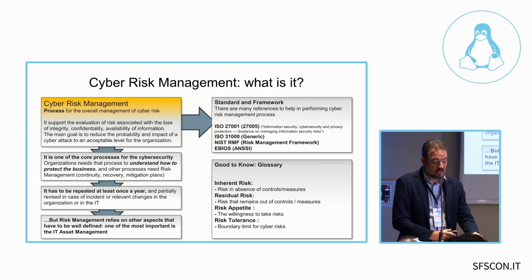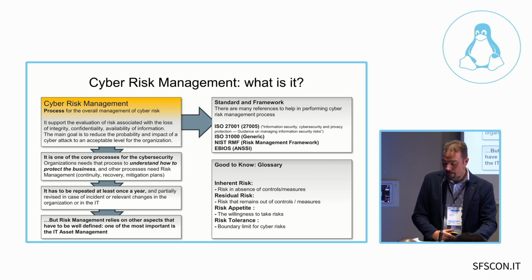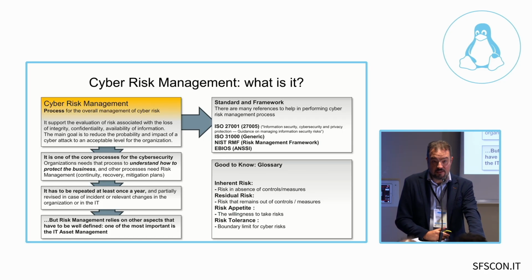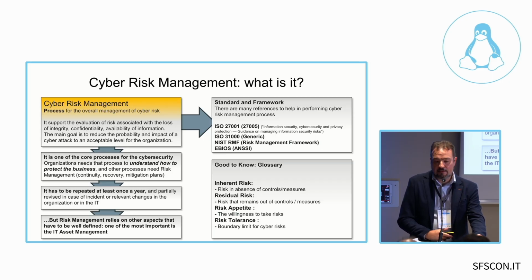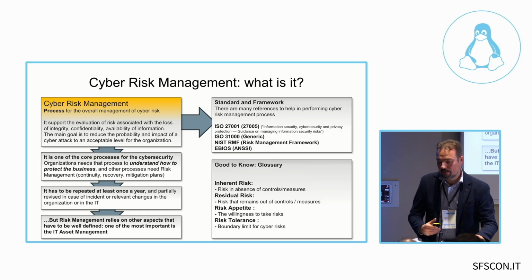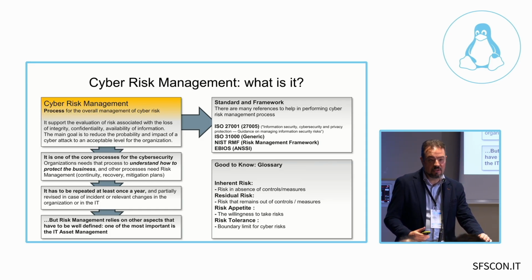What is cyber risk management? It's a process that is related to the evaluation of the risk associated with the loss of one of the three factors we saw before: availability, integrity, and confidentiality. The main objective is to reduce the probability and the impact of factors that could damage our business. So it introduces the fact that cybersecurity is not an IT-related task, it's a business-related task.